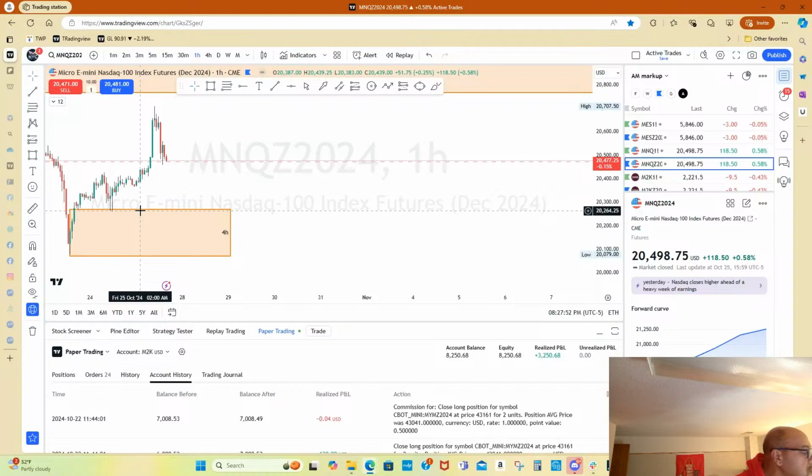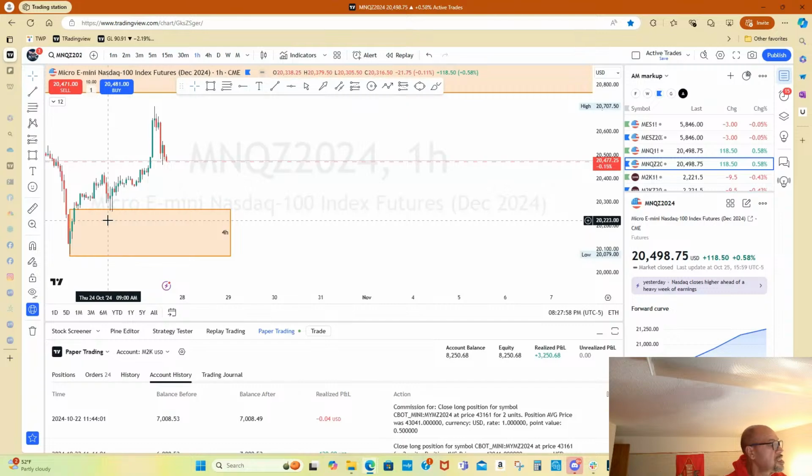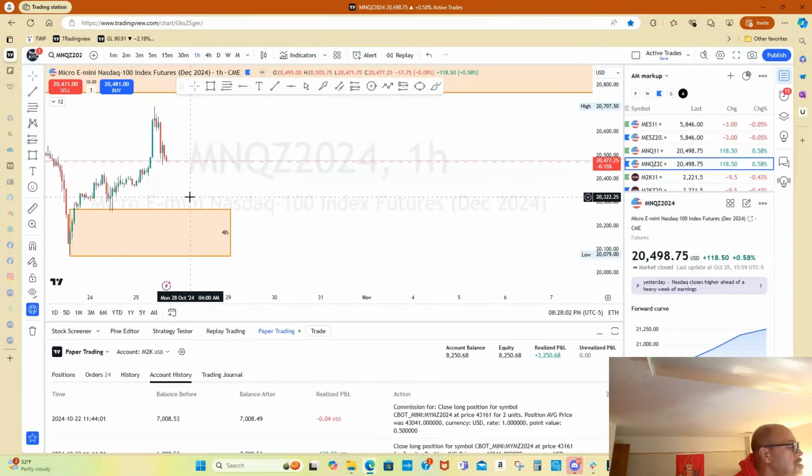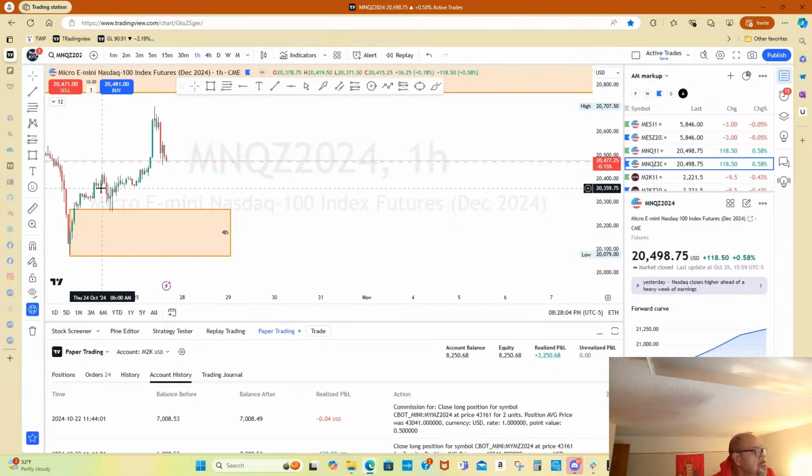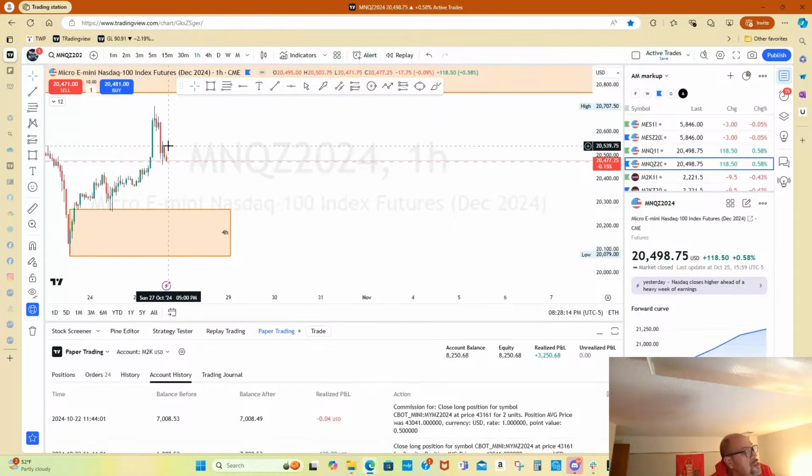Maybe that whole zone there, and it's not gonna be as whoosh, work its way down before going back up.